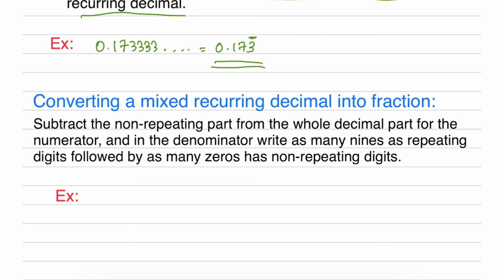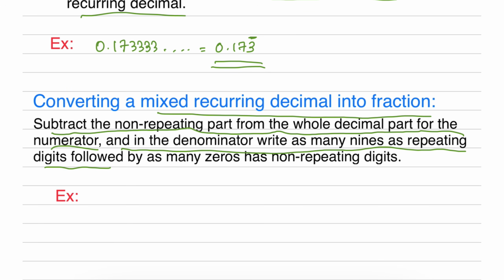Now let us see how to convert mixed recurring decimal into a fraction. First we have to subtract non-repeating part from the whole decimal part for the numerator, and in the denominator write as many 9s as repeating digits followed by as many zeros as non-repeating digits. Let us take same example, 0.173 and above this bar.